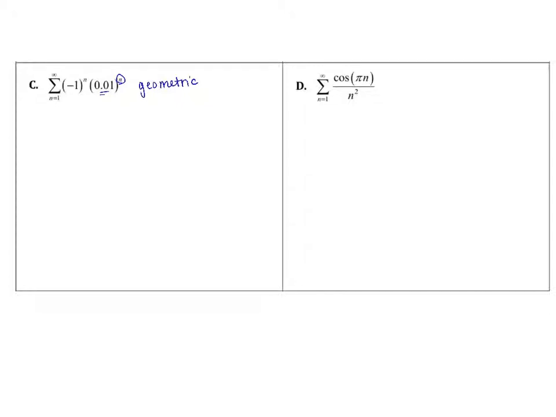I think both of these are going to converge, because if we go back and look at our alternating series test, we see that our conditions are met. Here we do have positive terms. Let's look at our limit as n approaches infinity of 0.01 raised to the nth. That is going to head towards 0.